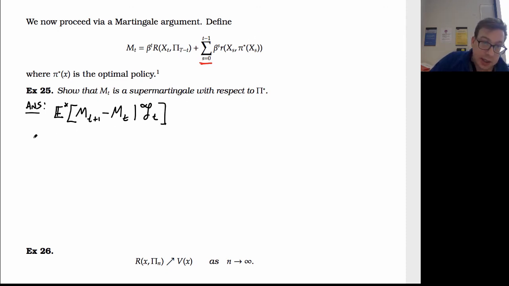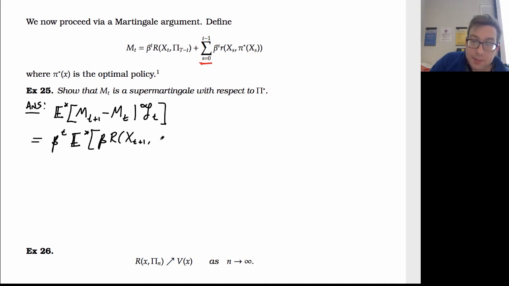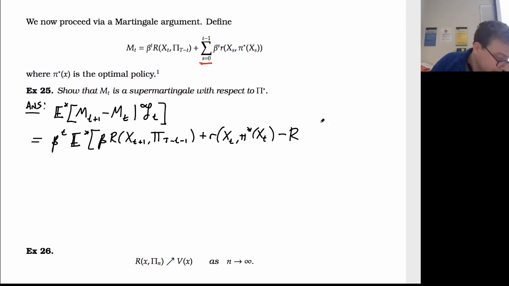You can check that this is equal to, I've realized there are some typos in the notes in the answer for this, I need to correct those, but what we're going to end up with here is the reward function evaluated at time t plus 1, then one of the terms, the top term from here, evaluated at time t, and then minus one of the terms here from time t, rather than t plus 1.